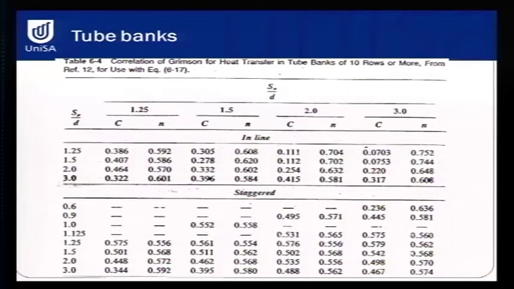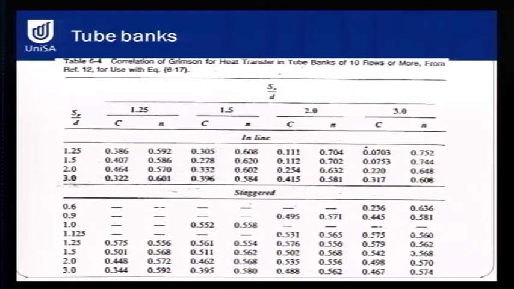So here we have a choice of these gaps being 1.25, 1.5, and 3. And then also we have Sn, the normal gap between centers. So the gap between centers of pipes across the flow direction, not along the flow direction.